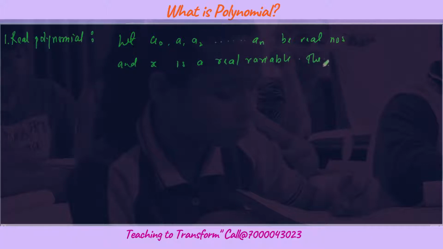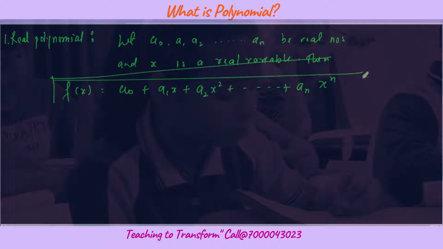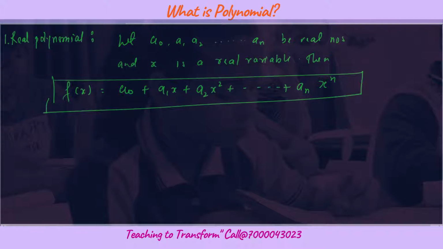Then f of x is equal to a0 plus a1x plus a2x square plus ... plus an x to the power n is called a real polynomial of variable x with real coefficients. These are called coefficients.